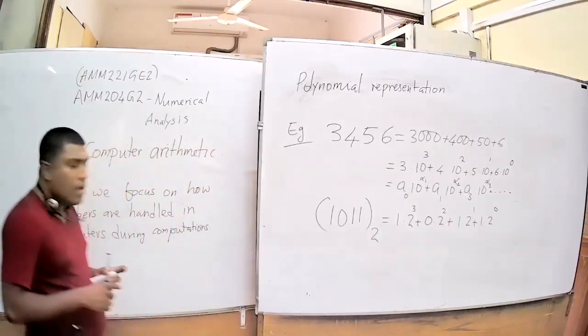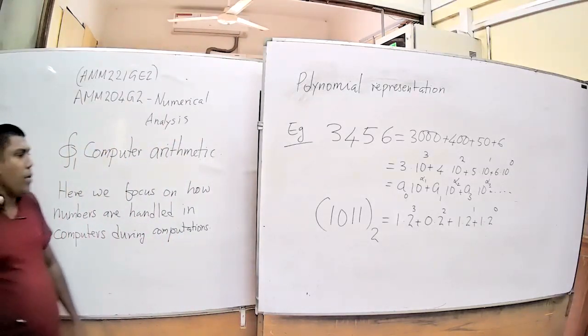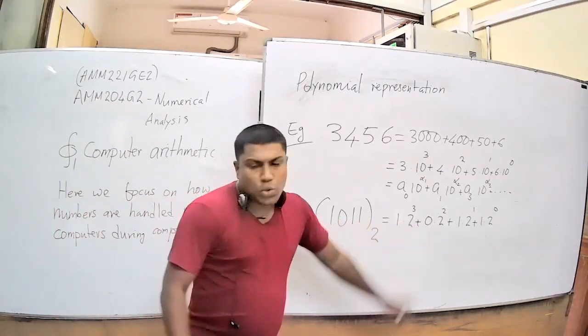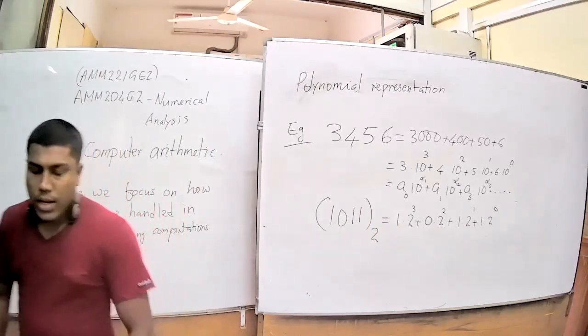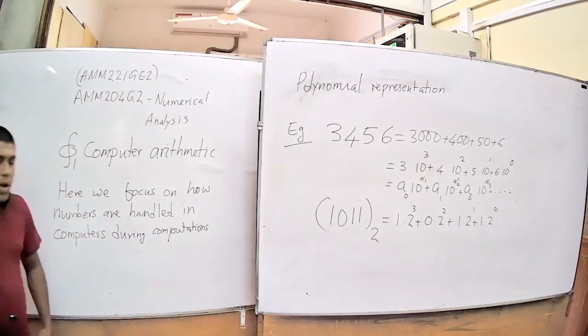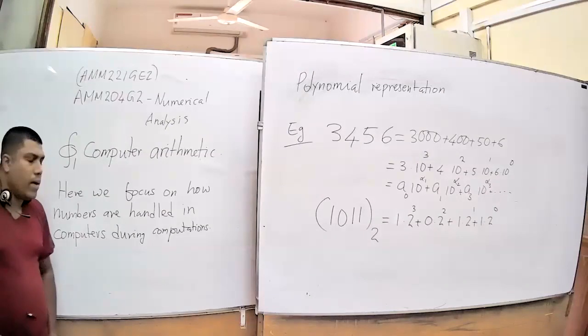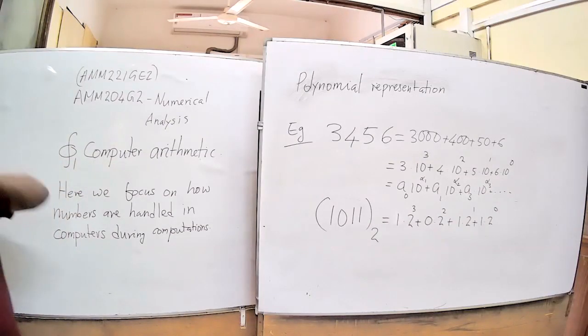So this is a polynomial representation of a base 2 number, a polynomial in 2. Similarly, you can write a base 4 number, a base 8 number, or any number, with a polynomial representation.